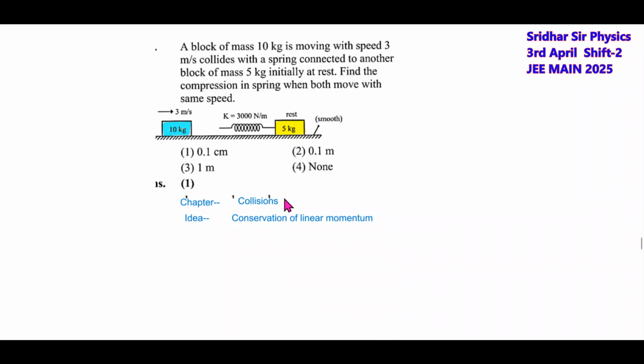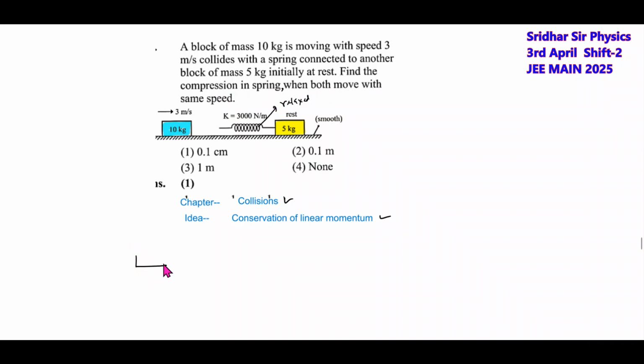This question belongs to the chapter collisions, conservation of linear momentum. The idea involved: a block of mass 10 kg is moving with a speed of 3 meter per second, with a spring connected to another block of 5 kg, initially at rest, and the spring is relaxed. Find the compression in the spring when both move with the same speed.